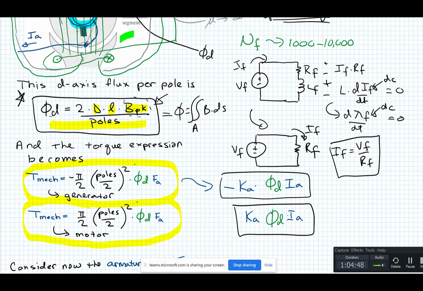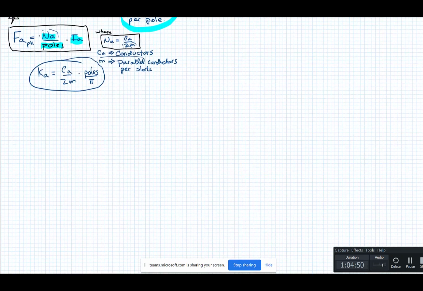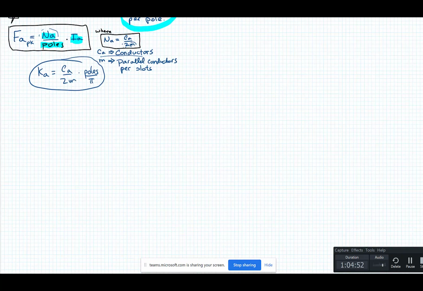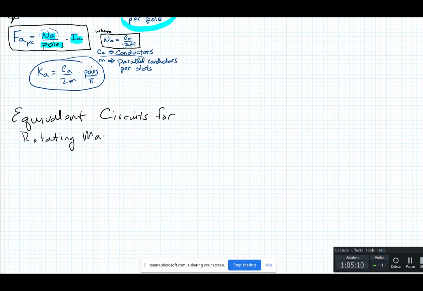I'm going to go back here for a minute. So remember, equivalent circuits, that's how we start to solve problems for rotating machines. So now you can add one to your collection.